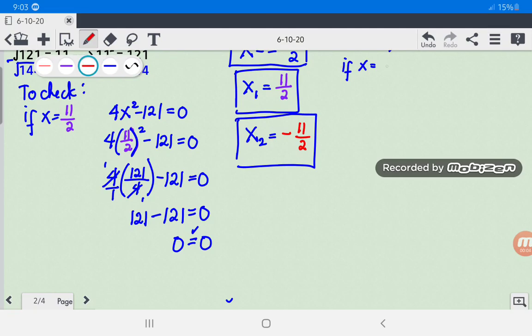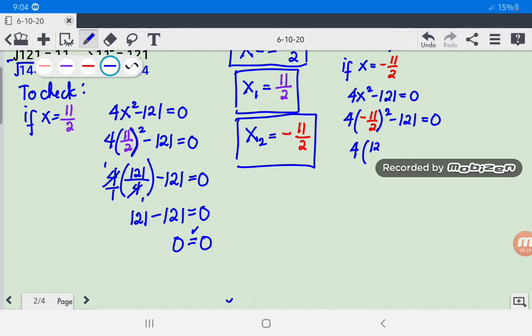If x is equal to negative 11 over 2, now using again the original equation, we have 4x squared minus 121 equals to 0. So we have 4 times negative 11 over 2 squared minus 121 equals to 0. So copy 4.